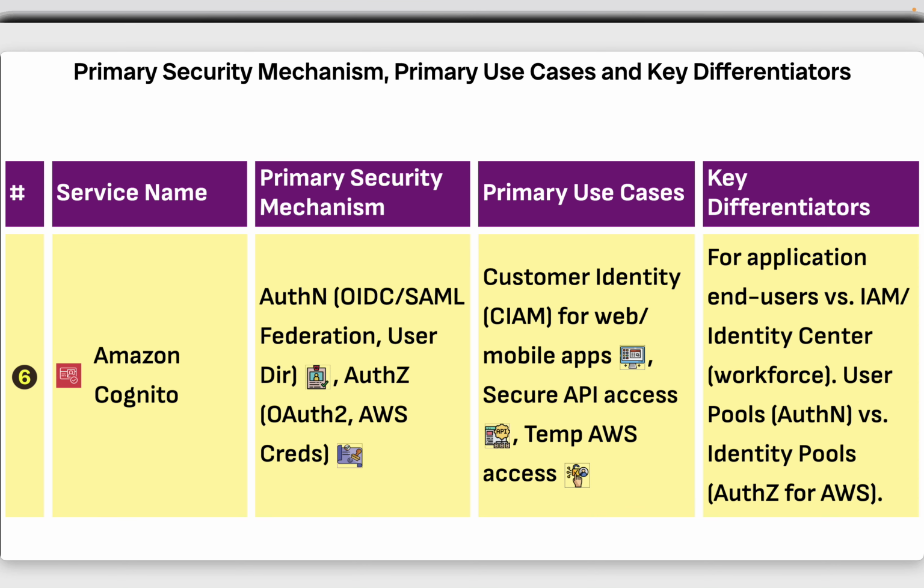Key differentiators are that it is for application end users, versus IAM or Identity Center, which is for the workforce. Within the service there are two components: user pools, which is authentication, versus identity pools, which is authorization. OIDC stands for OpenID Connect. SAML is Security Assertion Markup Language. CIAM is customer identity and access management. And OAuth 2 stands for Open Authorization 2.0.